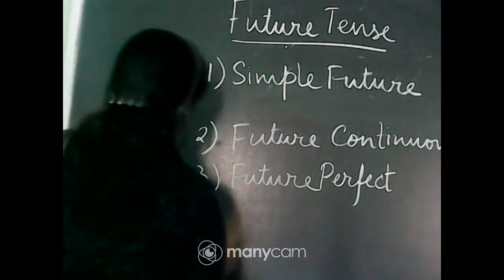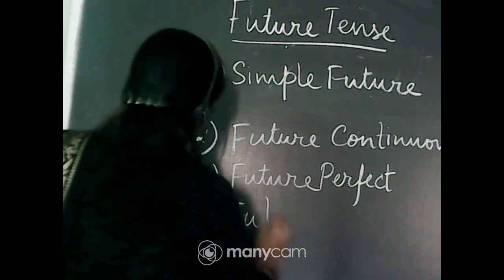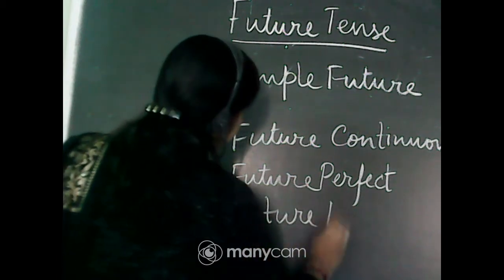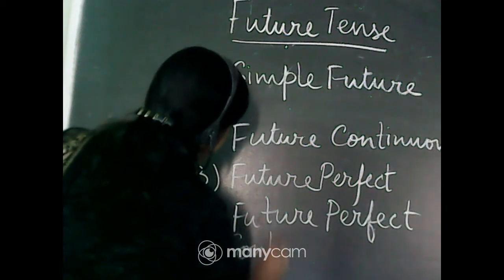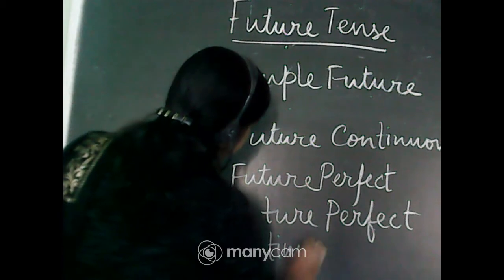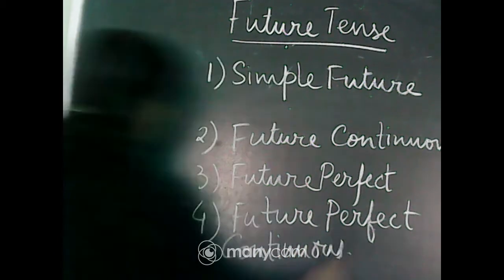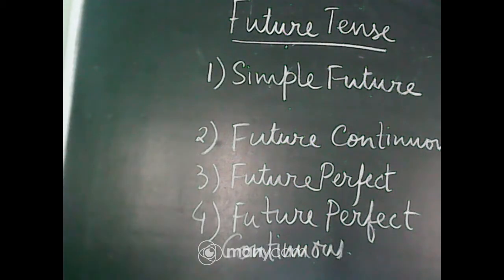Future perfect and future perfect continuous. Okay, so these are the four forms of the future tense.